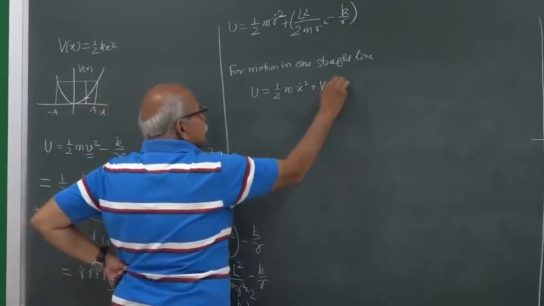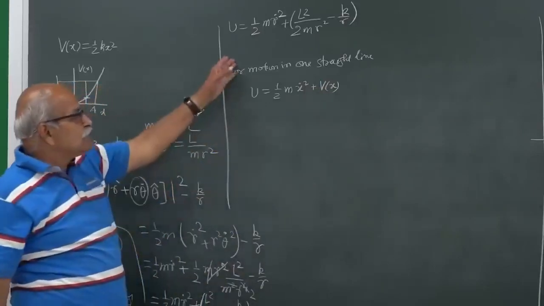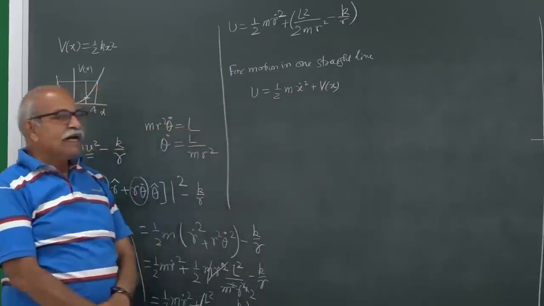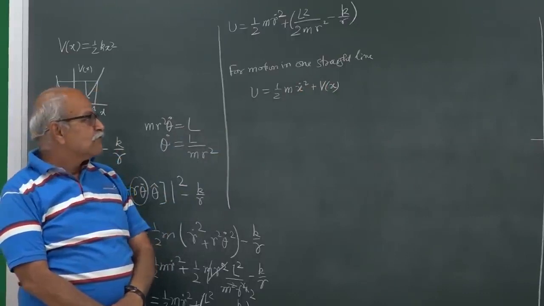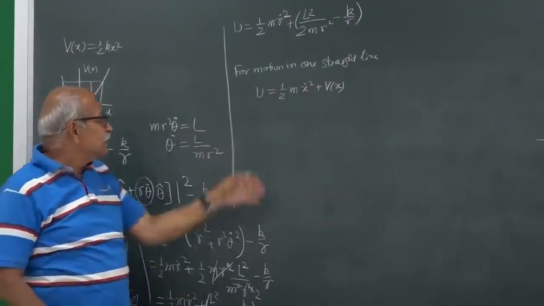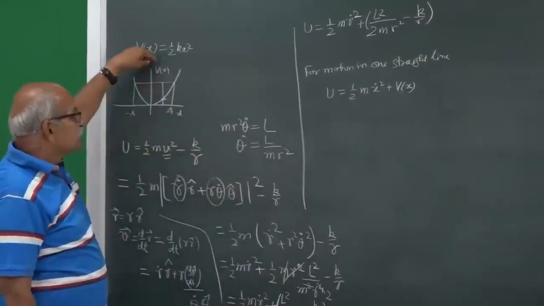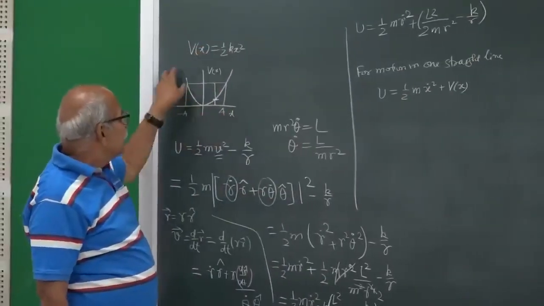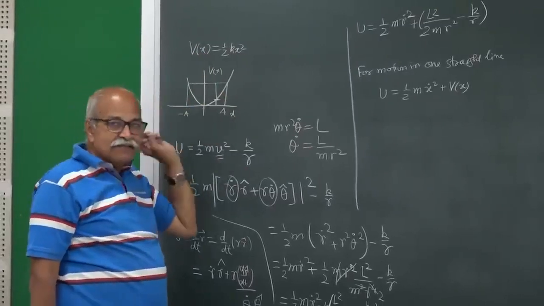This is a function of x, because it is a one straight line motion, so the position is just x. So you have half m x dot square and then a function of x, and we plotted this V(x) as a function of x, and then derived information from there.